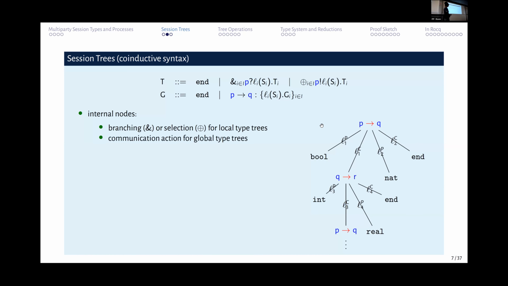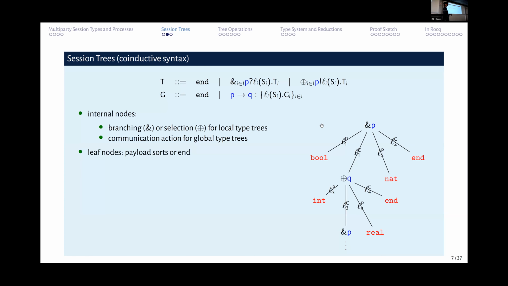The global type only changes this. Then a node is either end or a payload type of a constant. Next, to represent a node or continuation, we use script P and C. Of course, we have labels represented by choice. That's all. This works well for representing infinite trees.